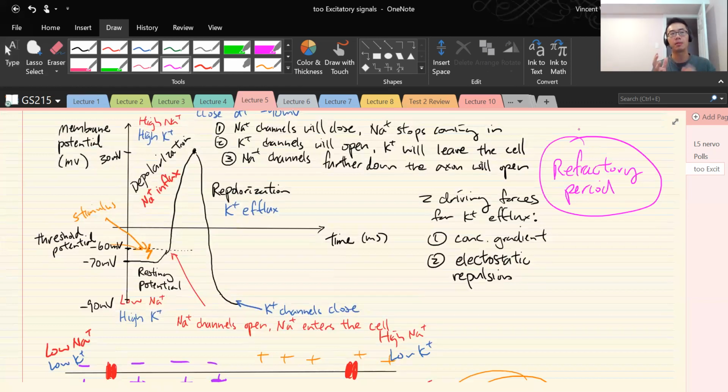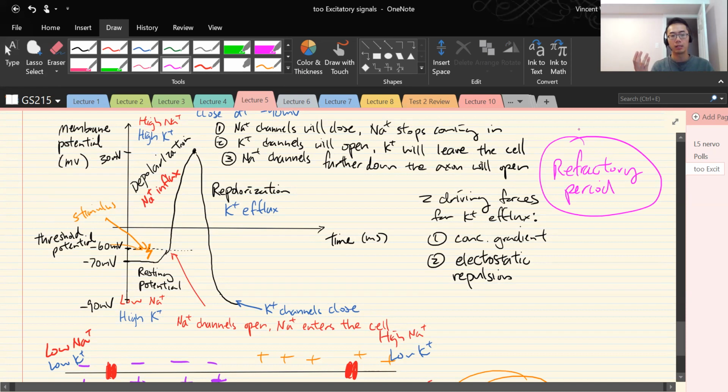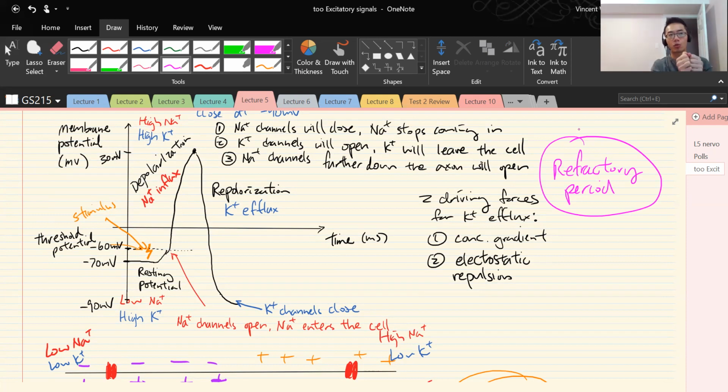And during that time, no matter what kind of stimulus you give it, it will not open. When it's resetting itself, it doesn't matter that you reach the triggering voltage. It will not respond.